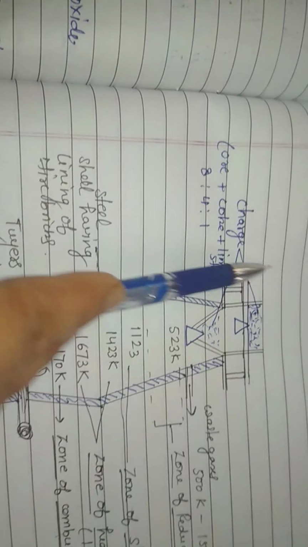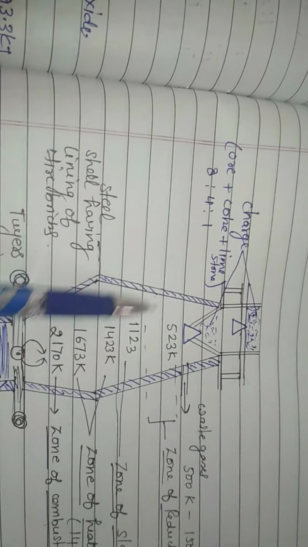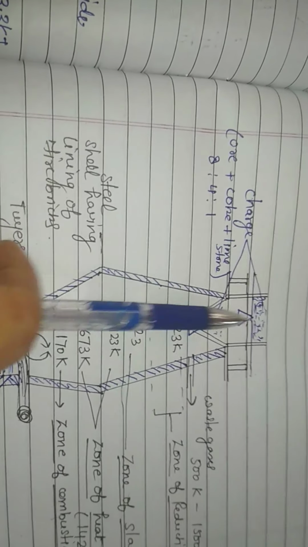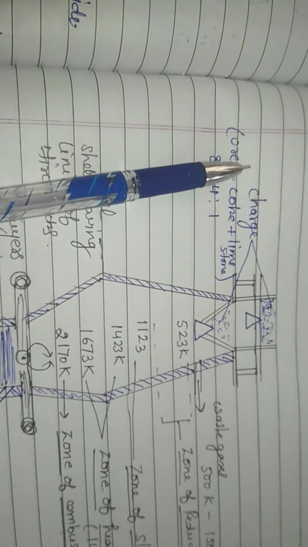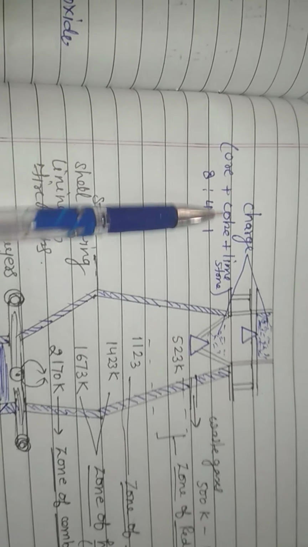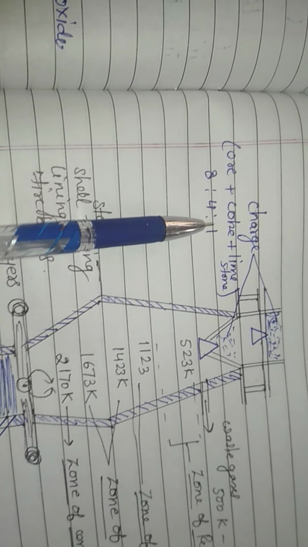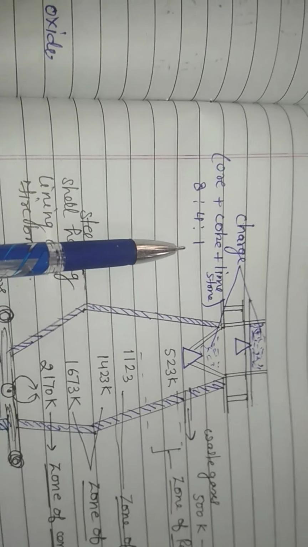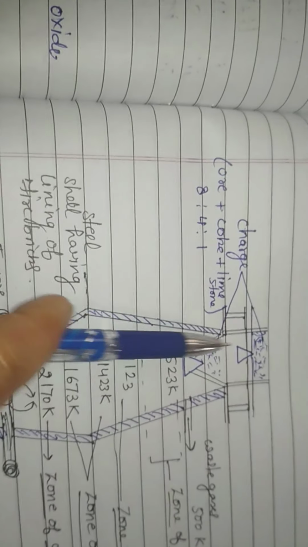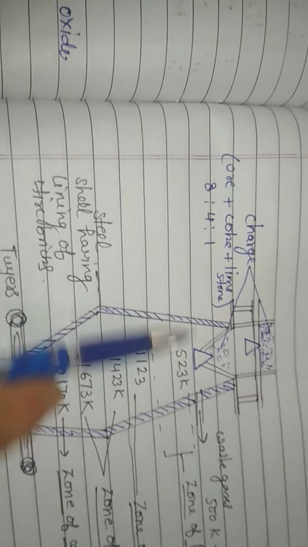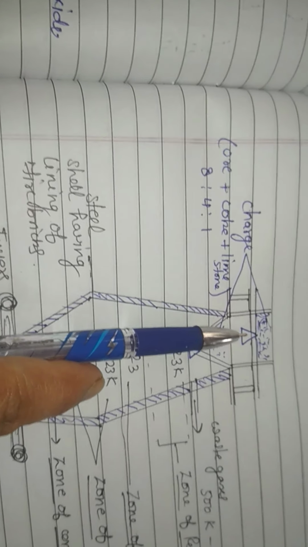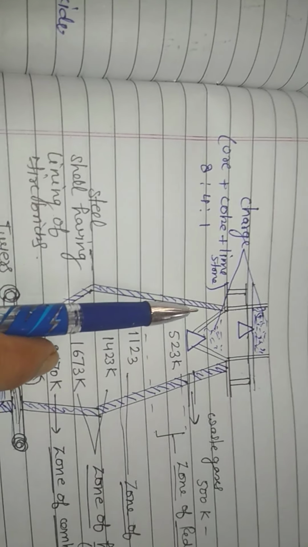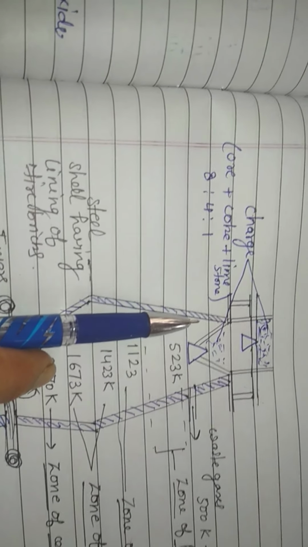As we are able to see in the furnace, this is the uppermost part by which the charge is dropped. What is charge? Charge contains ore plus coke plus limestone. Ore, coke and limestone would be there in 8:4:1. So that is being dropped by the double cup and cone arrangement, by which the exit of different gases would be stopped.